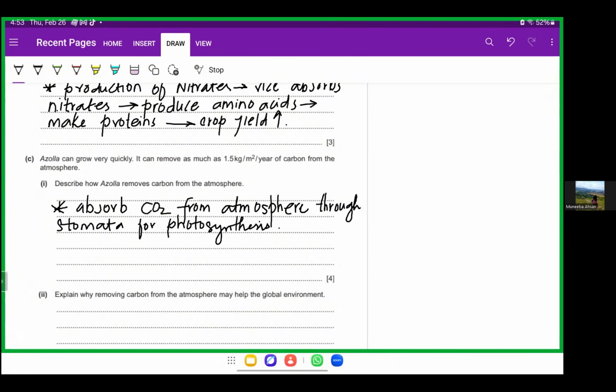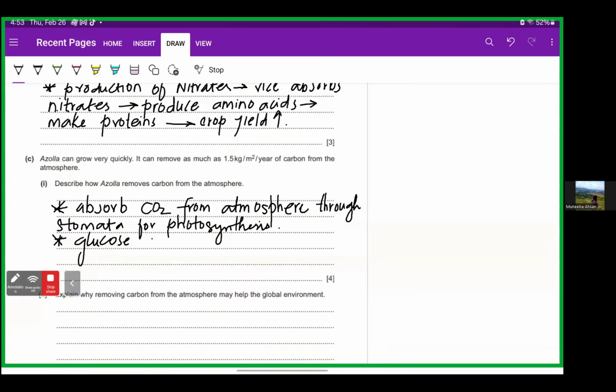Okay, then what will it produce? The glucose is formed from carbon dioxide and water, which is stored as starch.